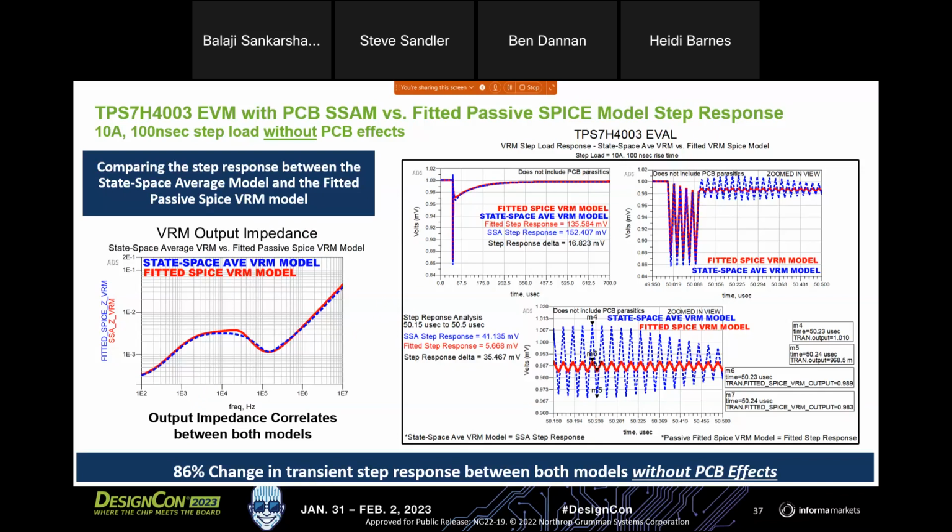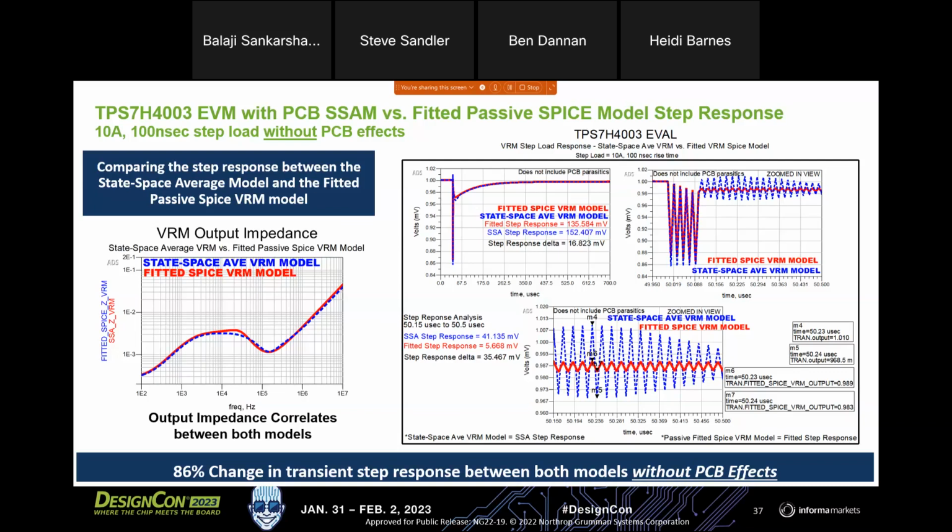And if we pan to the right a bit in time, where you start to see that ringing occurring right there around 50.1 microseconds, and further right in time, you start to see a lot more differences in the ringing amplitude that you aren't seeing with the fitted SPICE model. So there's a lot of fidelity and a lot of energy here that we're just not seeing in the voltage response with the SPICE model that we are capturing with the state space average.